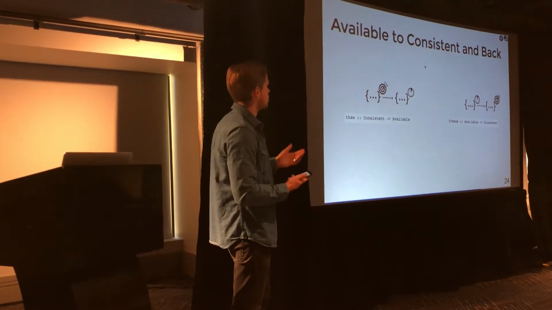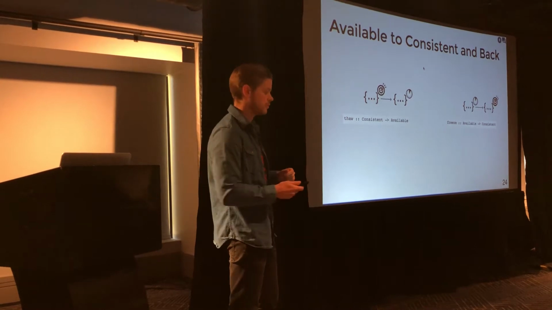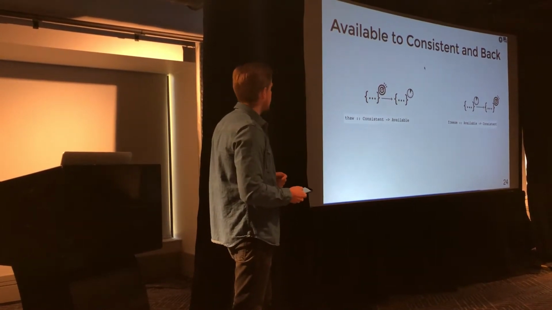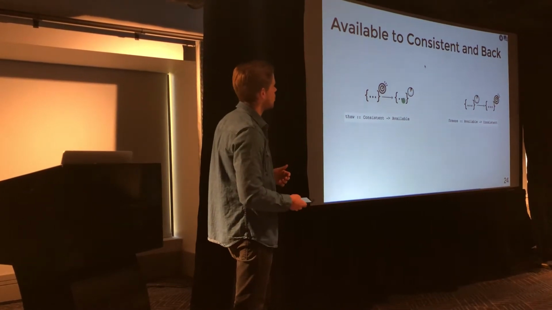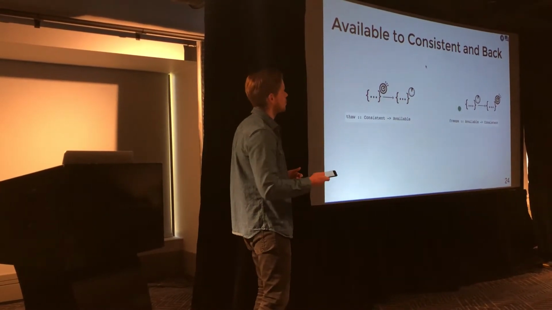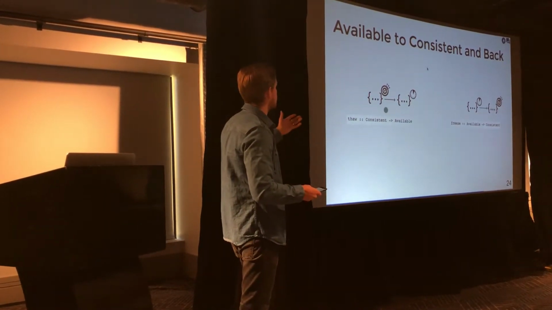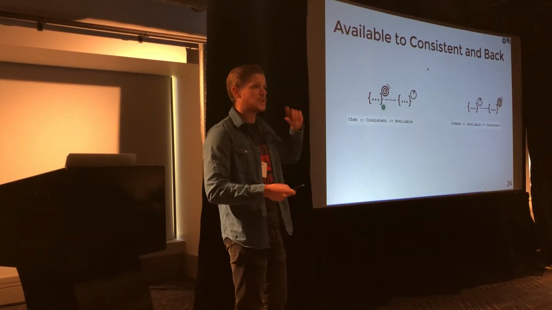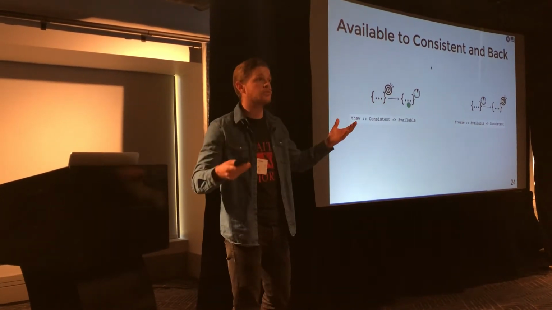So what we do provide are two methods which allow you to have some interaction between both, namely thaw and freeze. Thaw allows you to turn a consistent object into an available object, and freeze allows you to turn an available object back into a consistent object. How this works is, in the case of thaw, you take a snapshot copy of the state, and the state is returned in an available form.